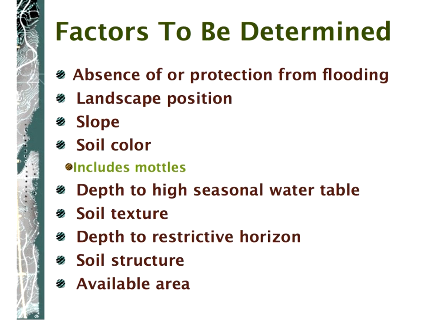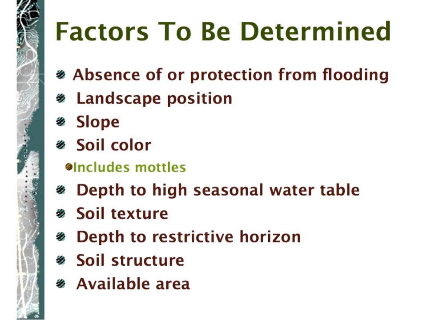You've got to look at the factors. We covered some of these yesterday, so I'll go through it very quickly. There's the absence or protection from flooding, the landscape position, the slope, the soil color and the mottles. If you've got a trench dug open, you can look down and see the depth at which you start getting mottles.